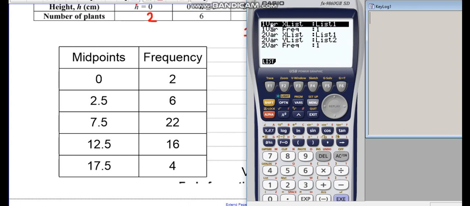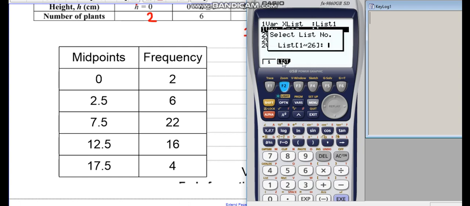So my midpoints, my X list is in list 1. At the moment, frequencies are set to 1. So in other words, it's saying that frequency is all 1, which is not what I want. So when I come to frequency, I want to tell the calculator that all my frequencies now are in list 2. Okay. So now it's got my data in list 1 and my frequencies in list 2, which is what I need.